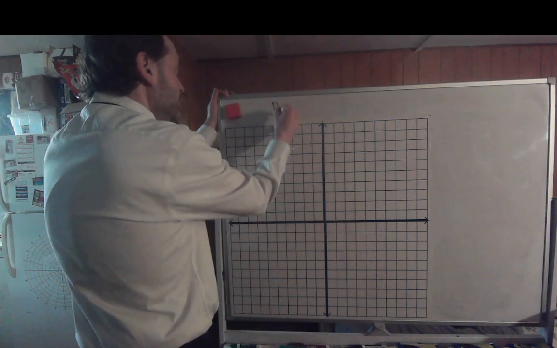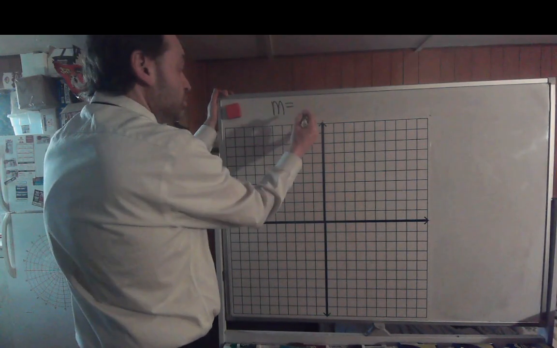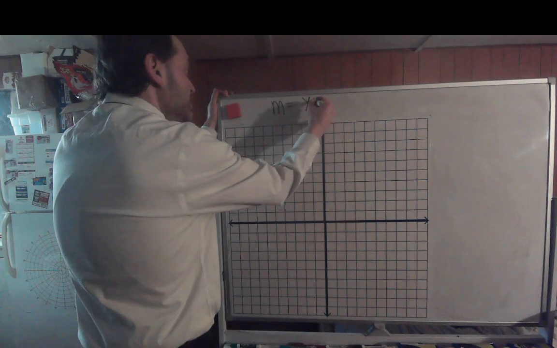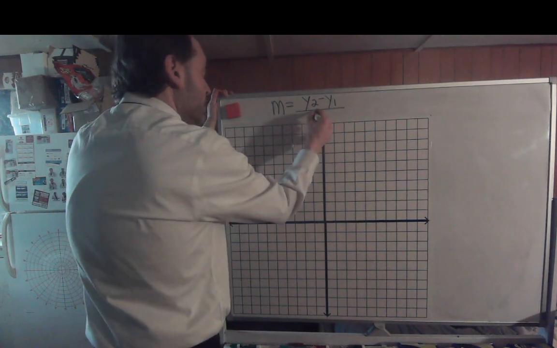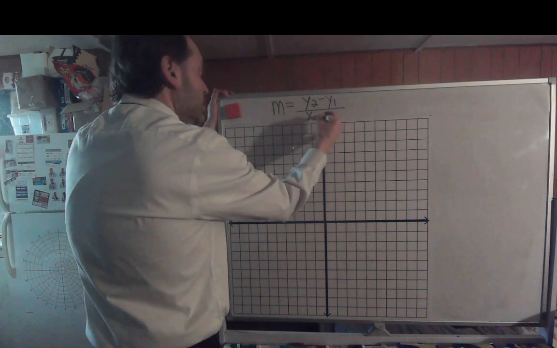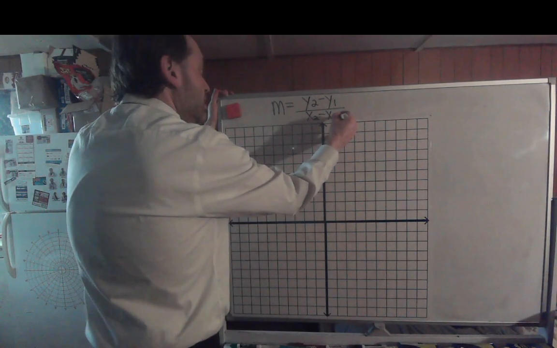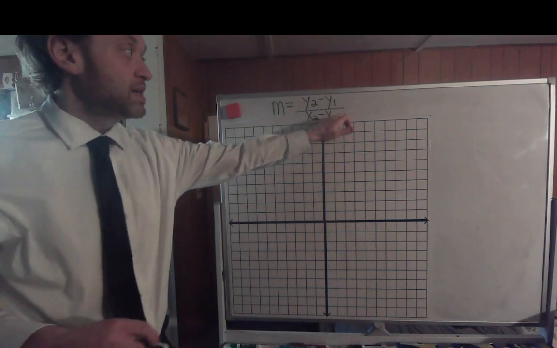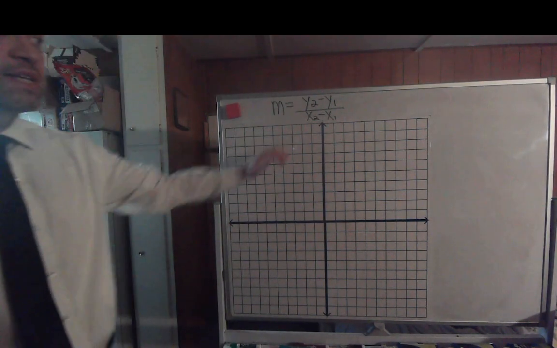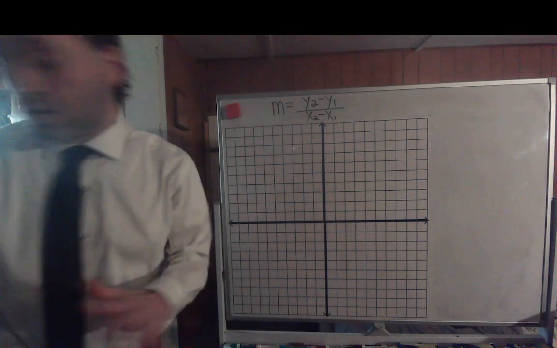Remember the slope of a line. The slope equals y2 minus y1 over x2 minus x1. That should look familiar to everybody. Slope of a line is y2 minus y1 over x2 minus x1. So where are we going with this?